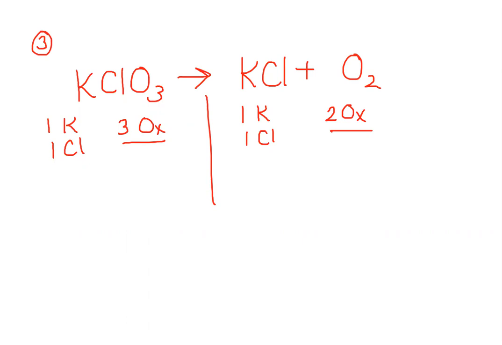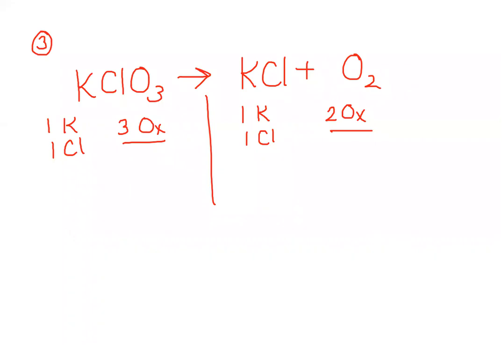You have to find a number that 2 and 3 go into in order to see what you're going to have to use for your coefficient. Because if we put a 2 in front of this, that's not going to get us a 3. And nothing multiplied by 3 is going to give you 2, and nothing multiplied by 2 is going to give you 3.